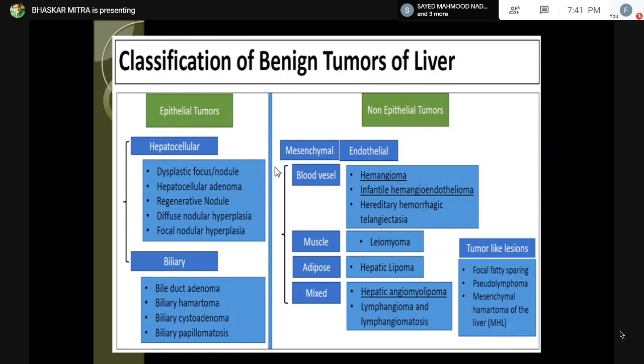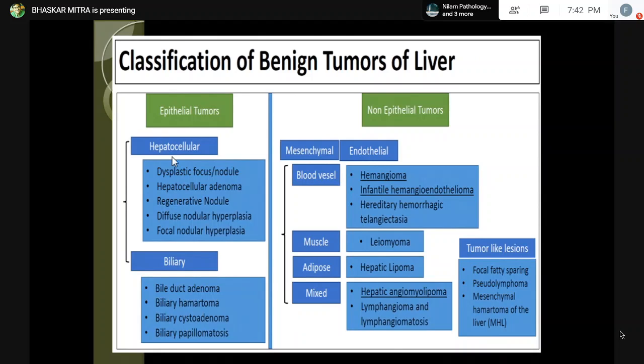On the epithelium, we said there are two groups. One is the hepatocellular group, in which there is a proliferation of the hepatocytes, and another group is the biliary duct epithelium or biliary proliferation. Here in the hepatocellular group come these things: focal nodular hyperplasia, diffuse nodular hyperplasia, some regenerative nodules, some dysplastic nodules, and then the hepatocellular adenomas.